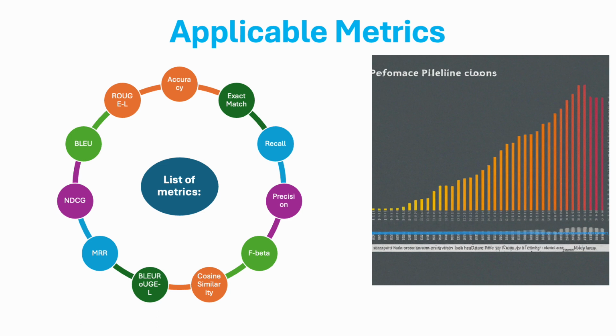Cosine similarity and BLEU-ROUGE measure the similarity between generated and ground truth responses. MRR and NDCG are ranking metrics that can be used to evaluate the quality of the retrieved information. BLEU and ROUGE are widely used metrics for evaluating the quality of the generated text.